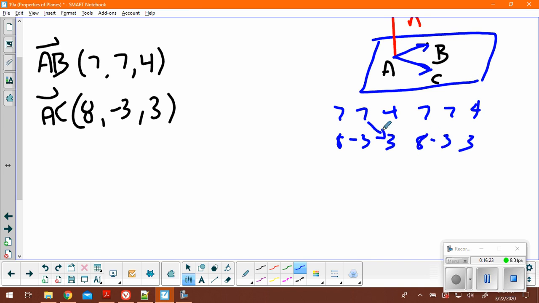See, 21 plus 12, so that's 33. 32 take away 21 is 11. And -21 take away 56 is -77.